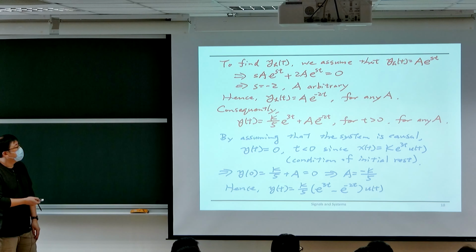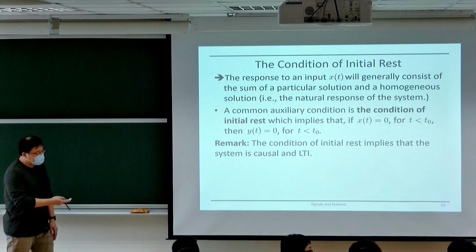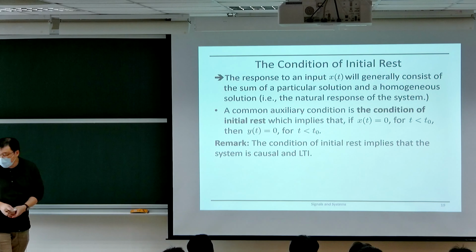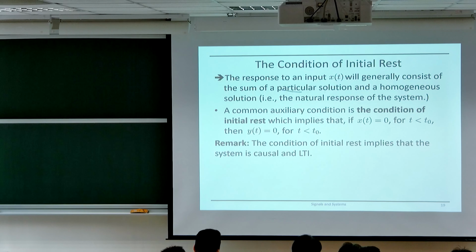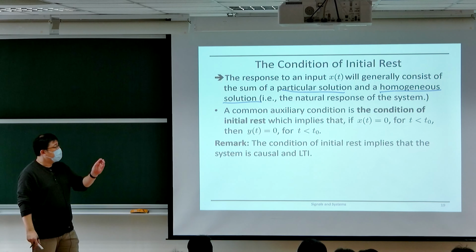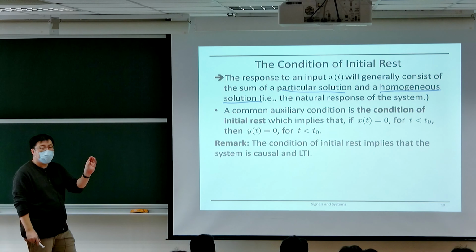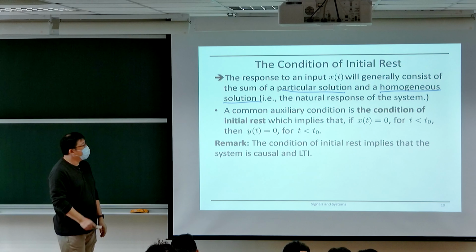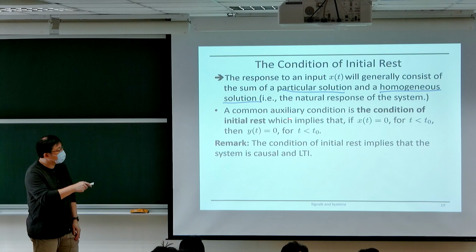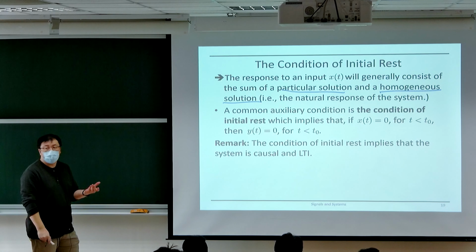All right, so this is just summing up what we just said. The response to this input x of t consists of a particular solution plus a homogeneous solution. And if you want a more specific form for the output signal, you will need to specify some auxiliary conditions to the differential equation.